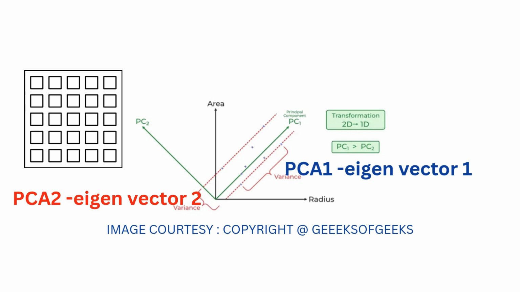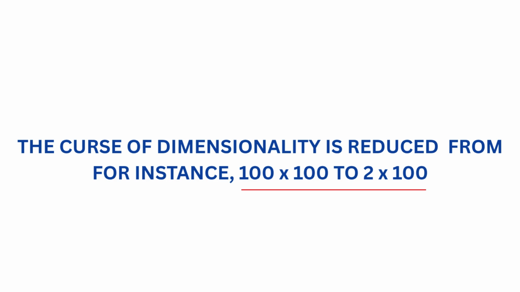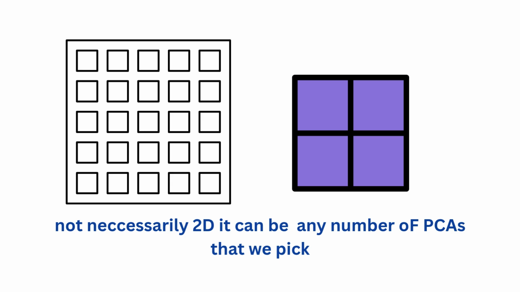But now we are saying that 100 features are not necessary. These eigenvalues and eigenvectors let you reduce this multi-dimensional matrix to a two-dimensional matrix.